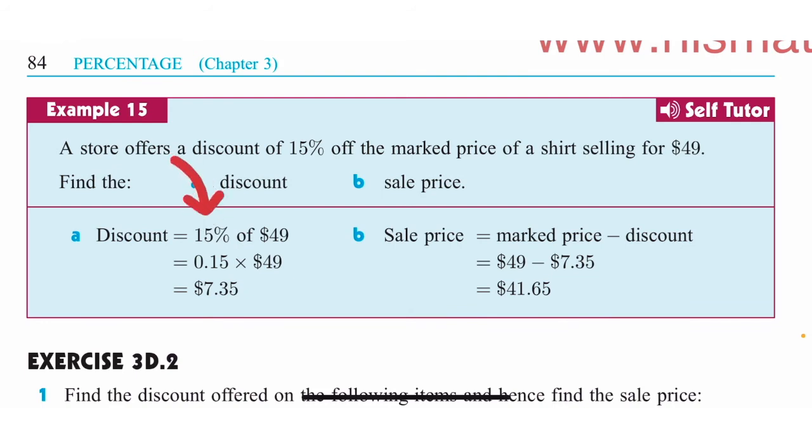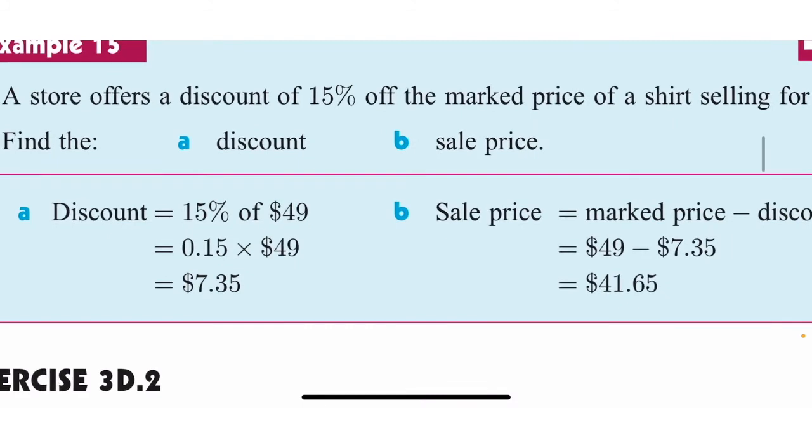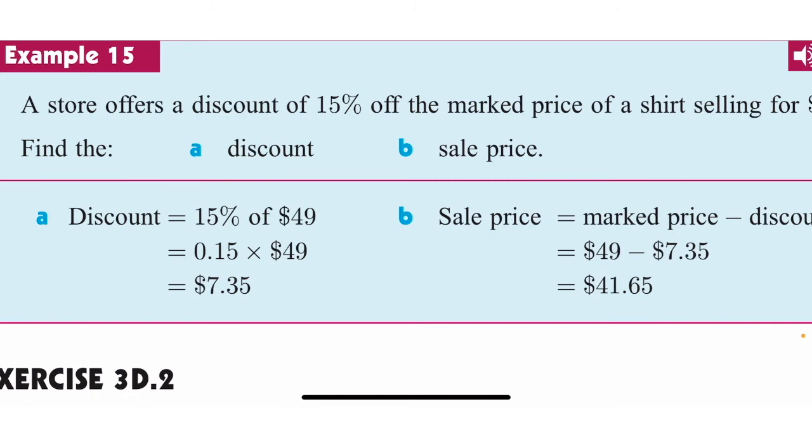Discount equals 15% of $49. What does it equal? 0.15 times $49 equals $7.35. This was the discount, and this amount of money, $7.35, we are not going to pay.